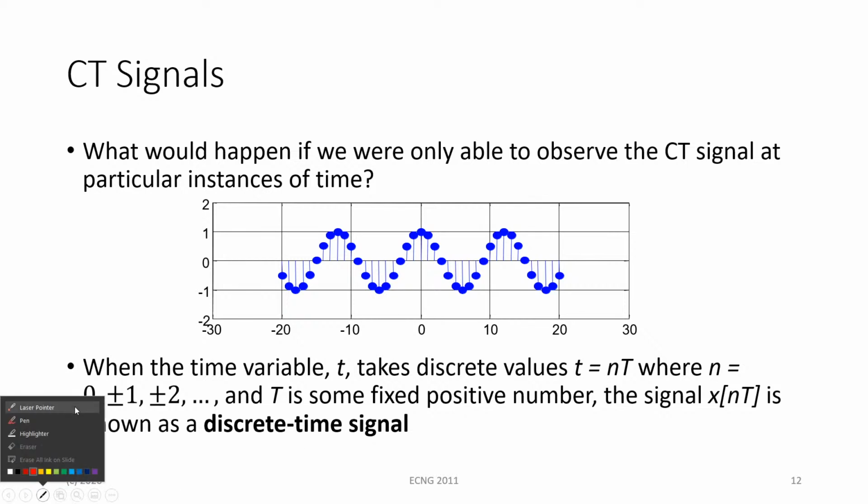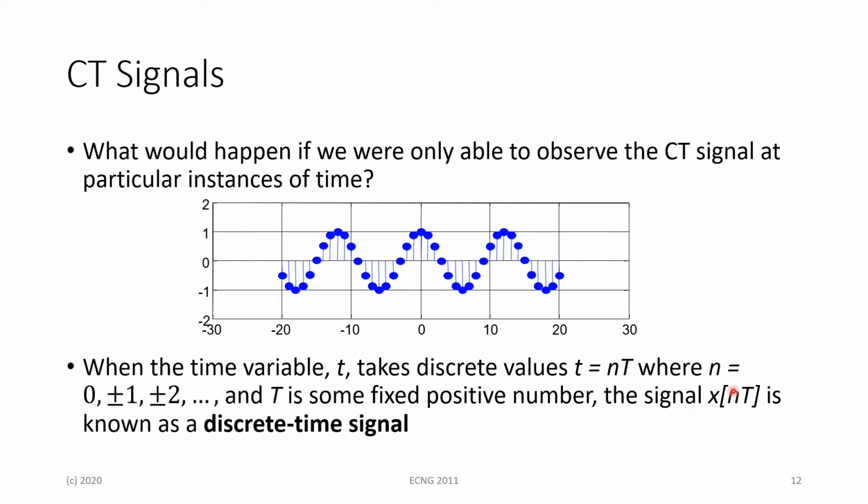So let's say our periodic time spacing, capital T, was every 1 second, and the lowercase n here represents the instances at which we sample. At n equals 0, we will have this instantaneous value from our continuous time signal. At n equals 1, we have our instantaneous value here, and so forth as we keep on going.